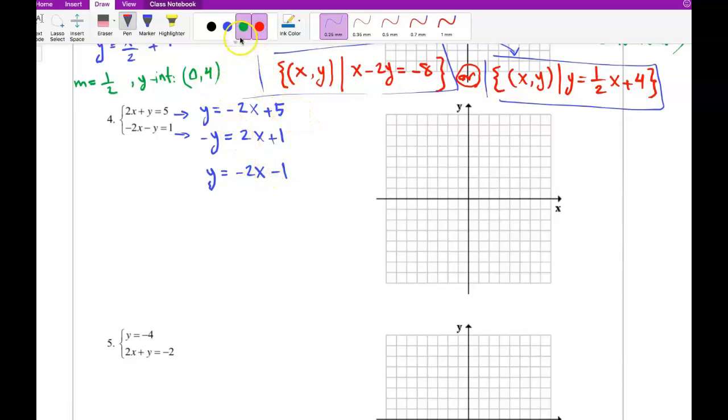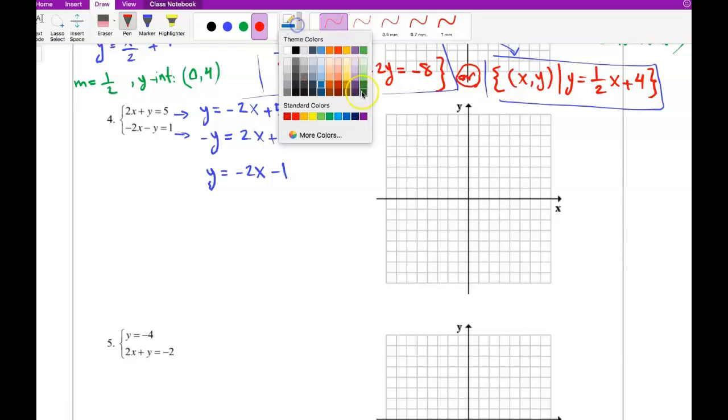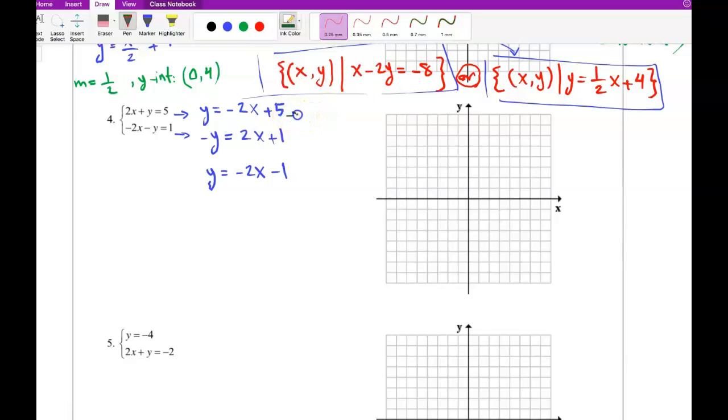So what we have on the first part, here slope is negative 2 over 1 or positive 2 over negative 1, and y-intercept is 0, 5. And here slope is negative 2, but y-intercept is 0, negative 1.